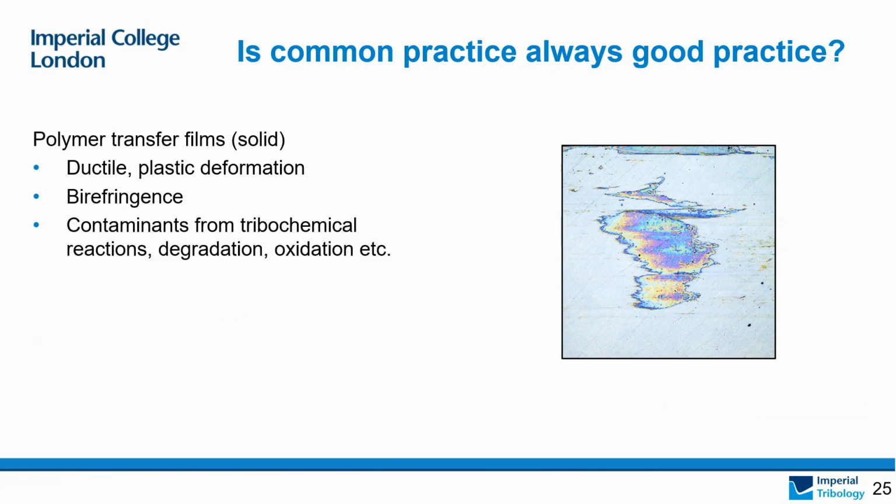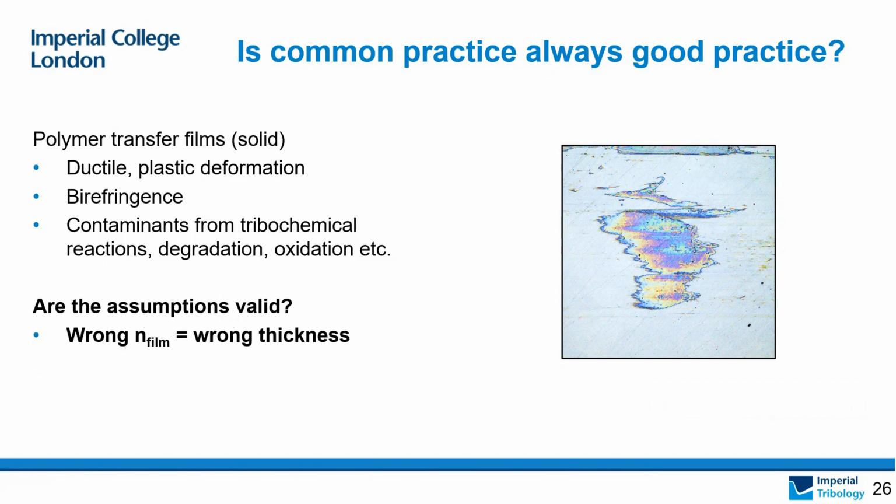Also, during a sliding test, there may be formation of new chemical products due to tribochemical reactions, degradation, oxidation, and so on. All this could contaminate the transfer films and affect their optical properties.